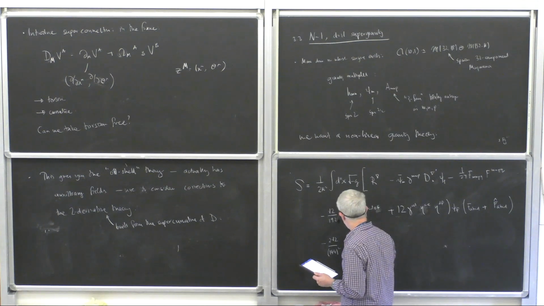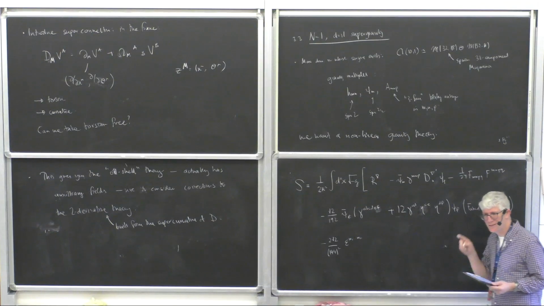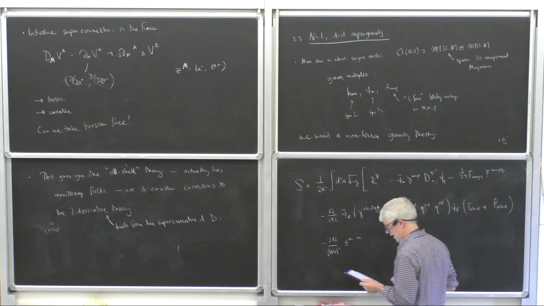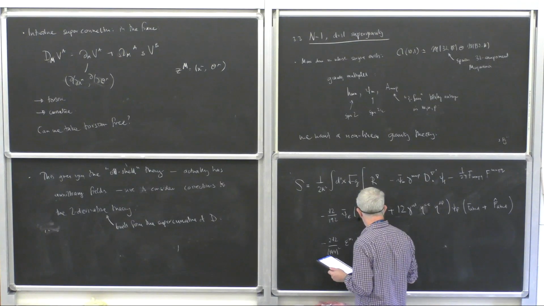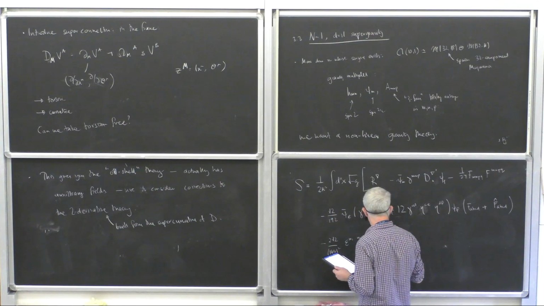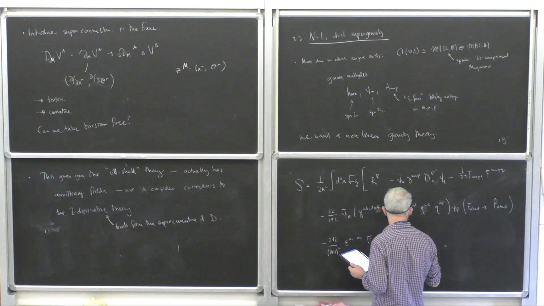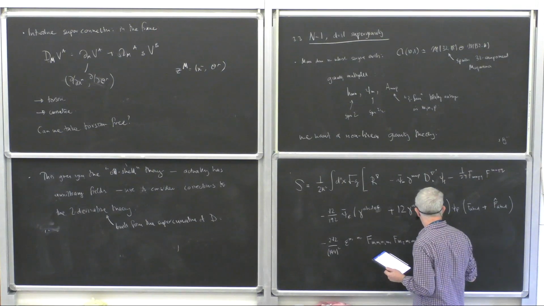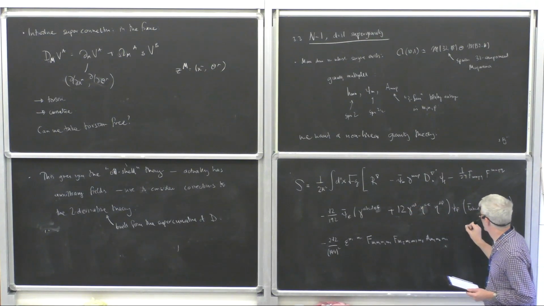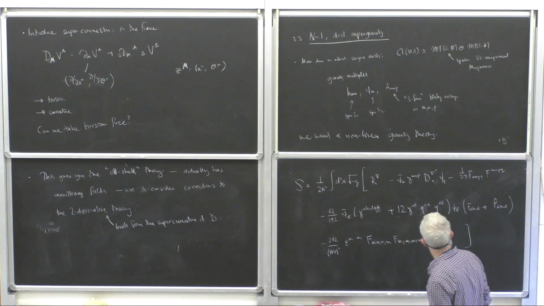And then an epsilon tensor, that's just something totally antisymmetric in 11 indices, F, M1, M2, M3, M4, F, M5, M6, M7, M8, A, M9, M10, M11. And then I close the bracket. Okay. So this is the way to write the action.